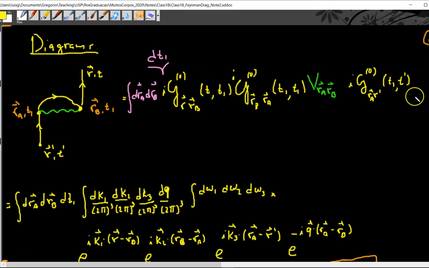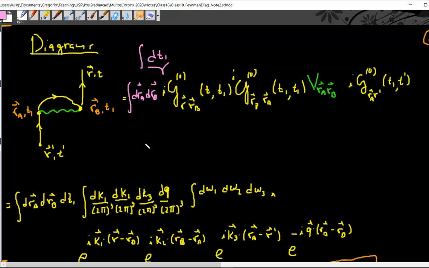Okay, so this summarizes my diagram, but notice that I have to sum over these coordinates, or integrate over r_A and r_B, and also there is an integral over t1 in this contribution as well, and this is going to be important.